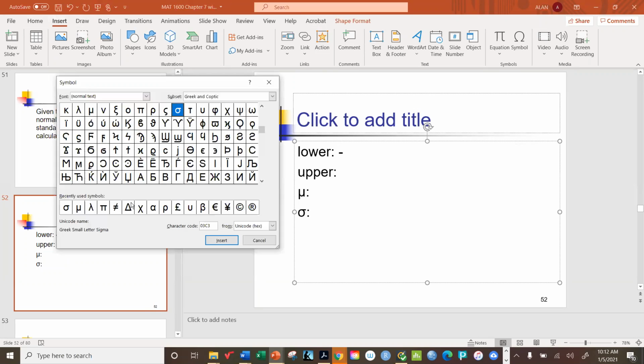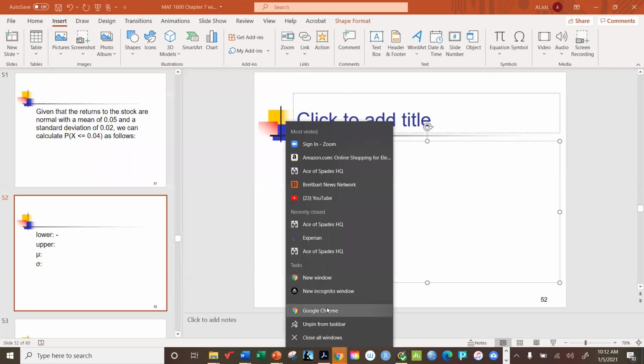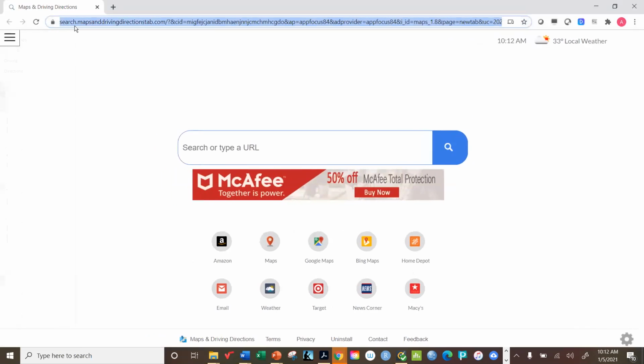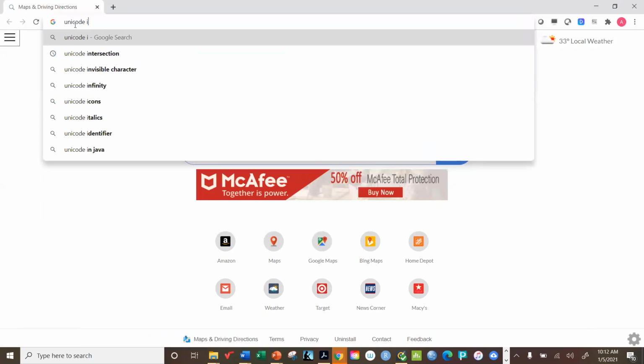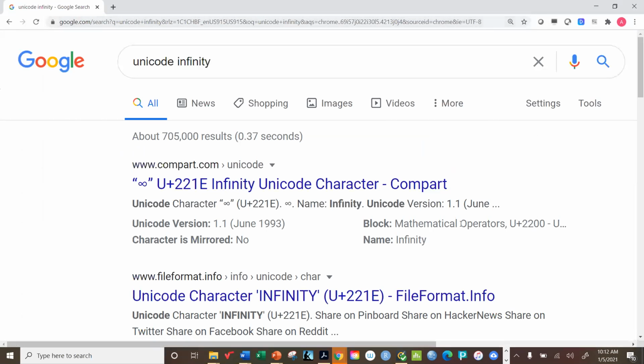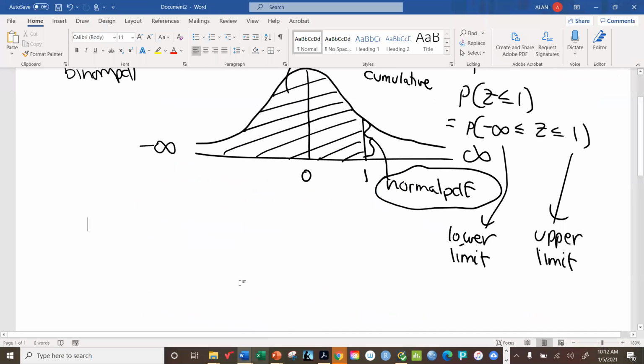Let's see if I can find the symbol for infinity. Ooh, maybe not. All right. I'll tell you what, there's a workaround for that. Hold on. Oh, actually, that only works in Word. Hold on a second. Watch what I can do.